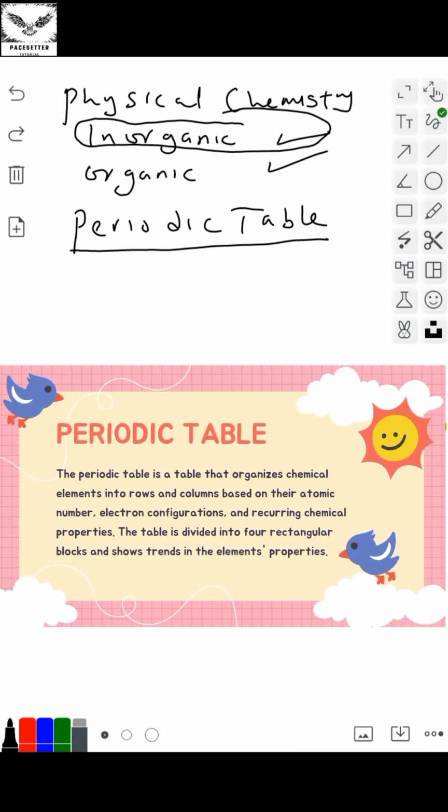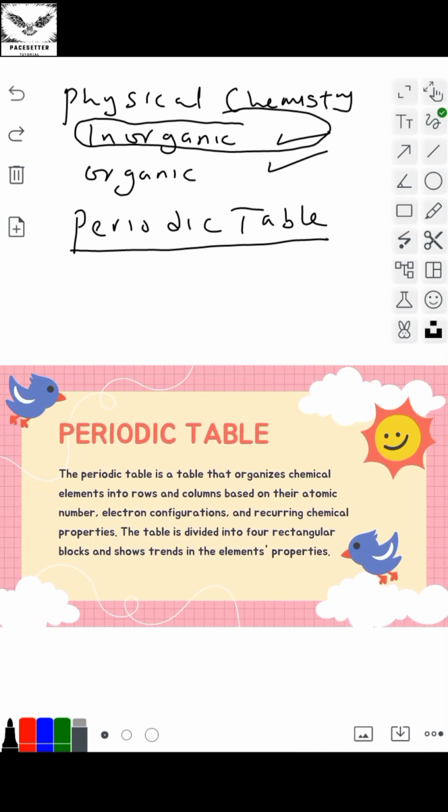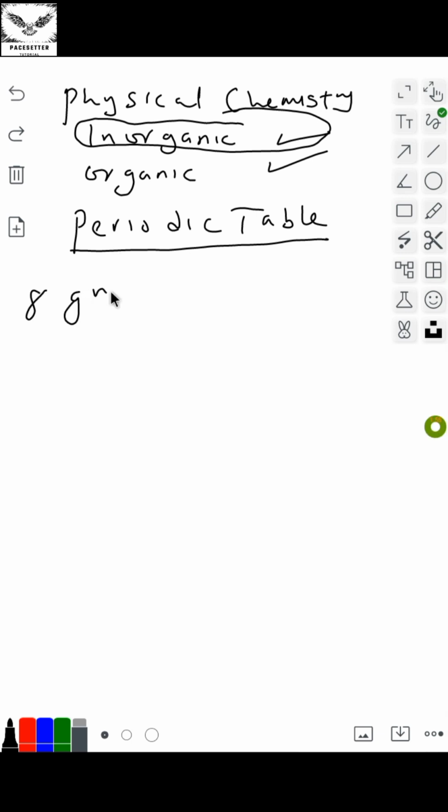Now, we know that the periodic table is a table that showcases various elements, over 100 elements, and these elements are found in different groups and different periods respectively. Of course, we know that there are 8 groups in the periodic table and 7 periods.